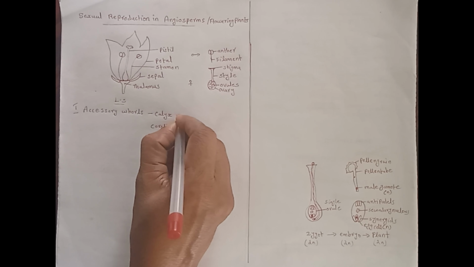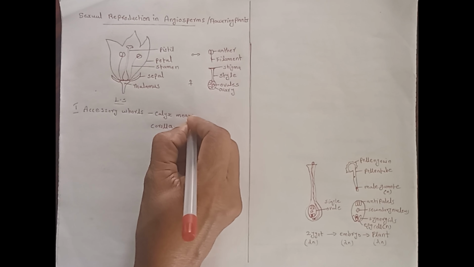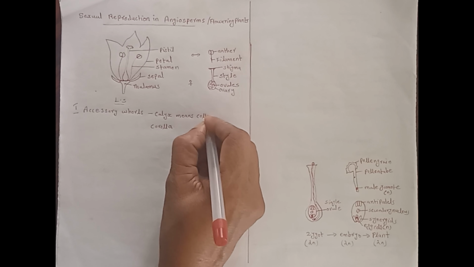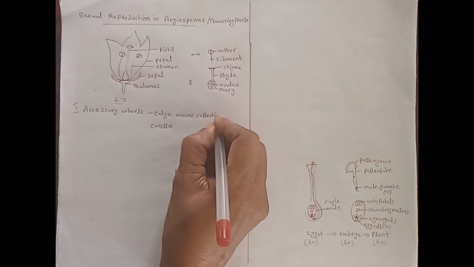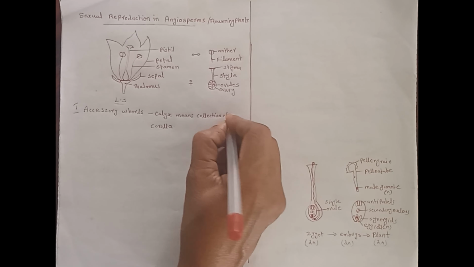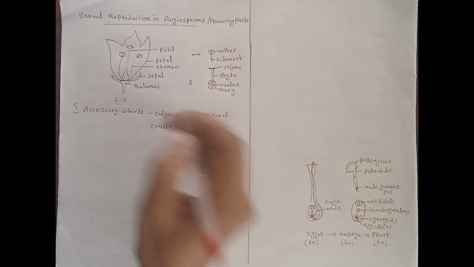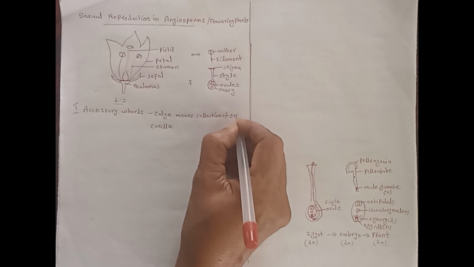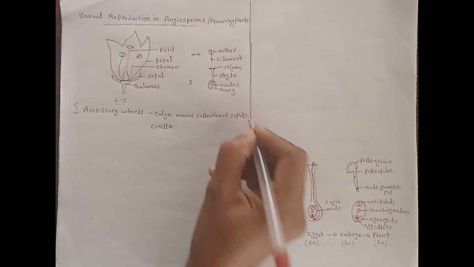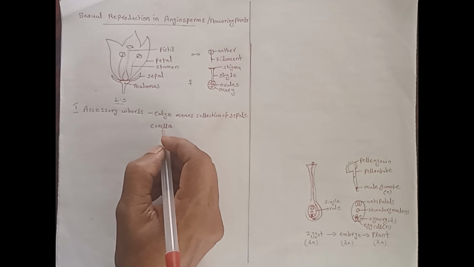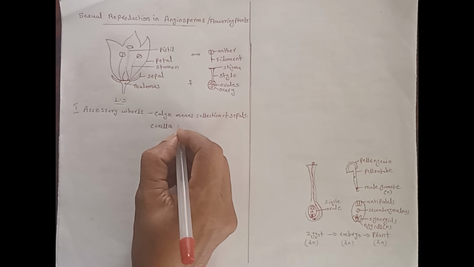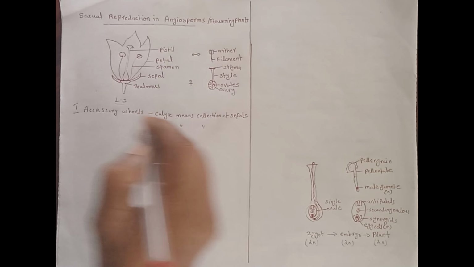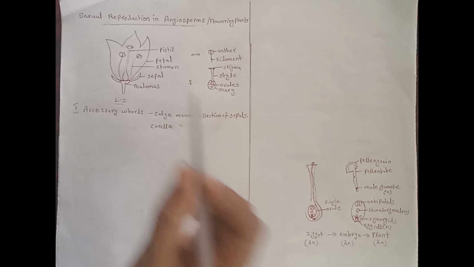Then the next accessory whorl, that is corolla. Corolla means collection of petals.